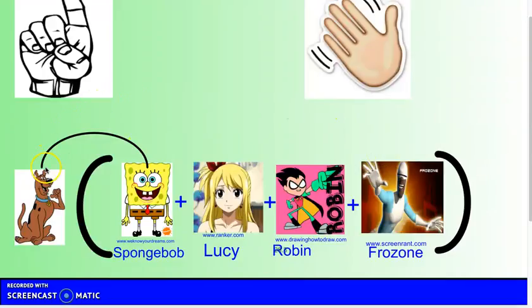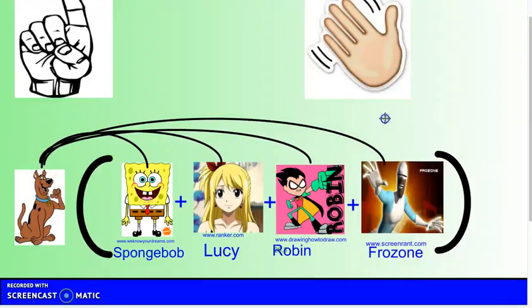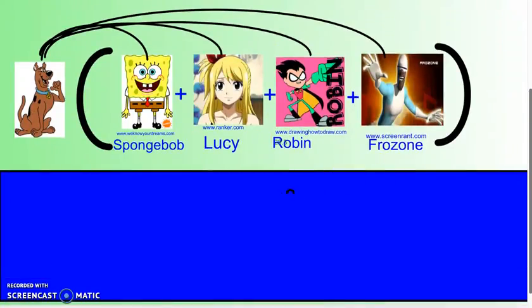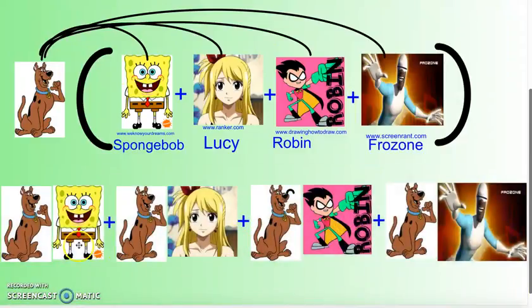And so Scooby-Doo is going to introduce himself to SpongeBob, and they're going to become friends. And then he's going to introduce himself to Lucy, and then to Robin, and lastly to Frozone. And what happens is he forms all these new friendships. And so Scooby-Doo is friends with each and every one of them.